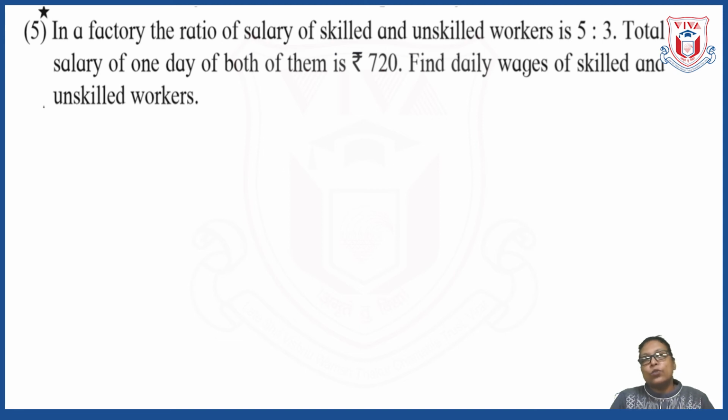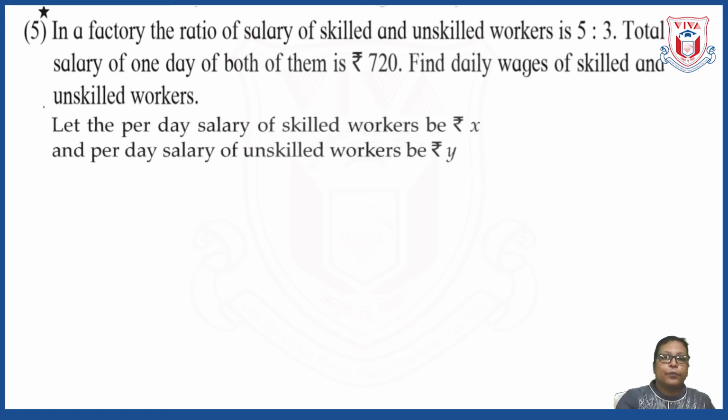Here also you will observe that two different conditions are provided, and by using them we have to find two different things, that is daily wages for skilled workers and daily wages for unskilled workers. So obviously what is unknown to us, we are going to take as x and y. So let us start the problem with the daily wages of skilled workers and unskilled workers as rupees x and rupees y respectively.